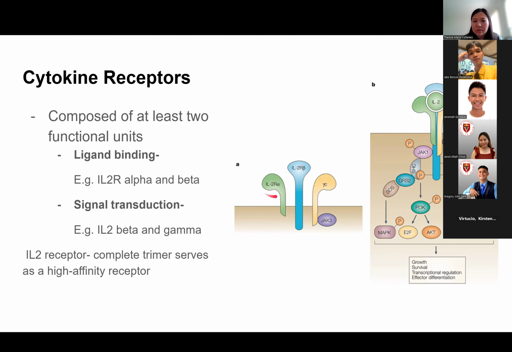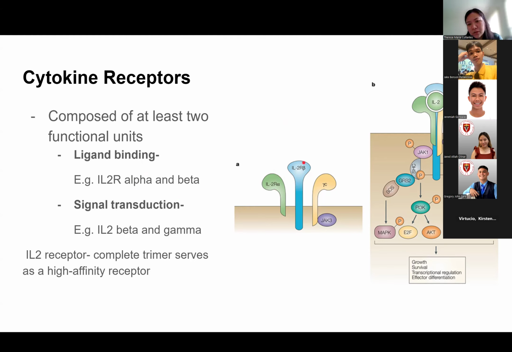So this is the alpha and the beta. This is the one that binds to interleukin-2, since it is the IL-2 receptor. And then you have the signal transduction unit.